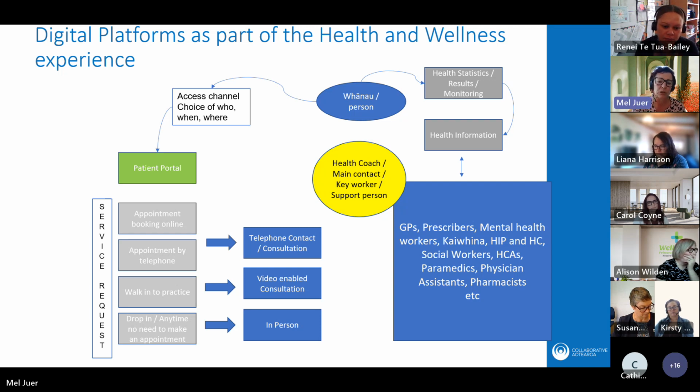Then what this really shows is, once somebody has accessed care, being able to choose the platform and possibly the service provider, and also the practice having processes and protocols in place such that we know who's the best person for this patient to see.